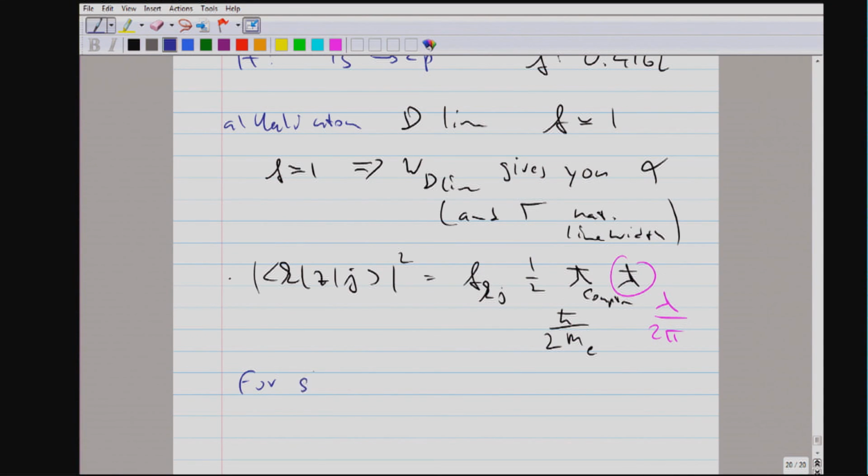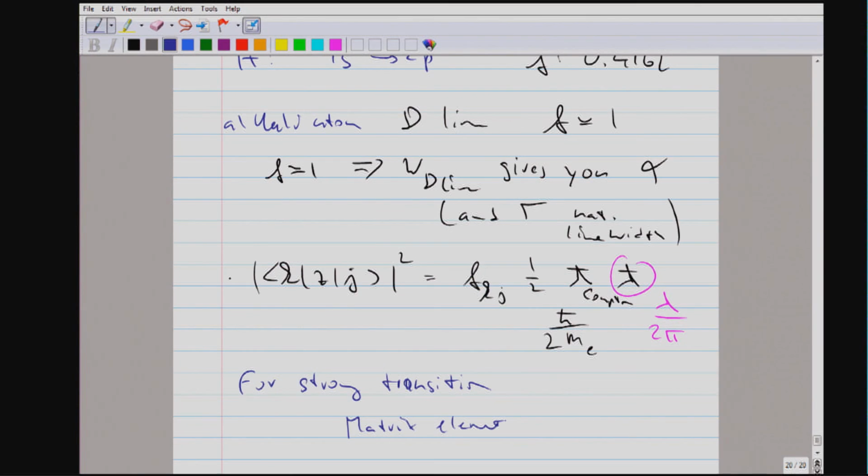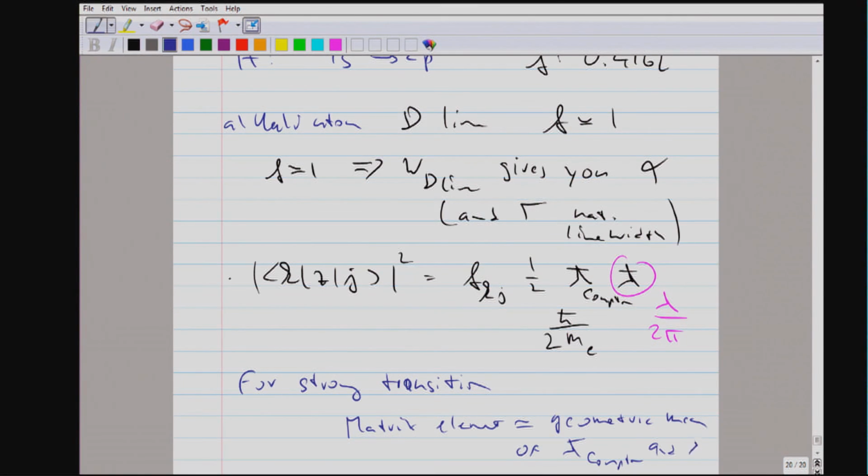If you have a strong transition, and strong means that the oscillator strength is close to 1, then the matrix element for the transition is approximately the geometric mean of the Compton wavelength of the electron and the reduced wavelength of the resonant transition.